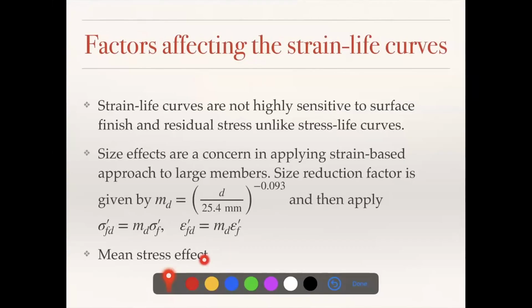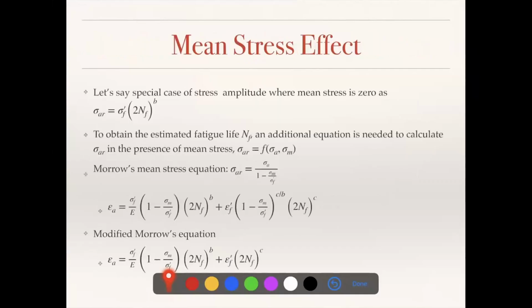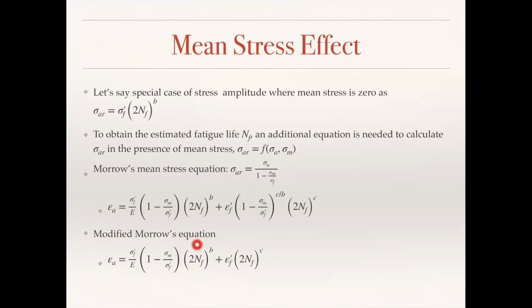We also need to worry about the mean stress effect. The mean stress effect can be dealt with very similarly, and this is what we call Morrow's mean stress equation. When you have a mean stress effect, you can use Morrow's equation, which modifies the strain life equation, wherein your mean stress comes in here.